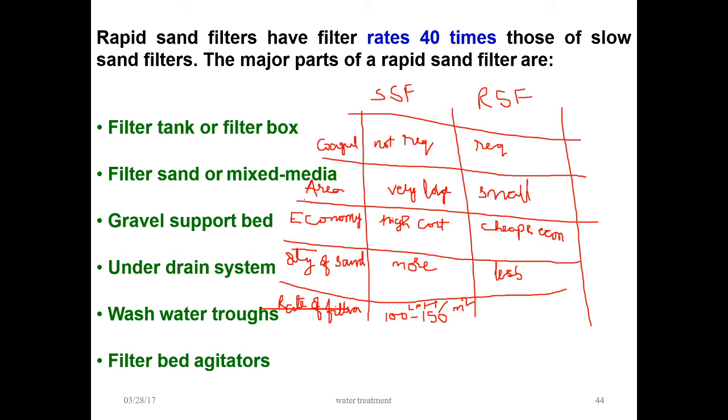For the rapid sand filter, I forget exactly, but it is nearly 1000, I think, liters per hour per square meter. Next is cleaning period.